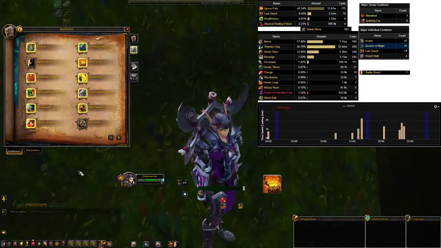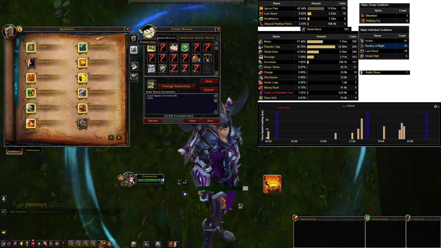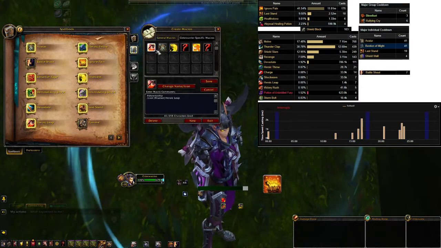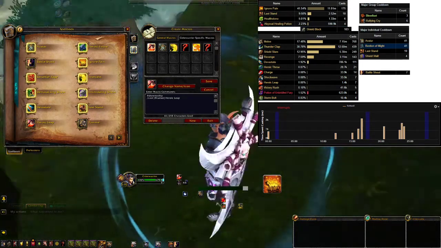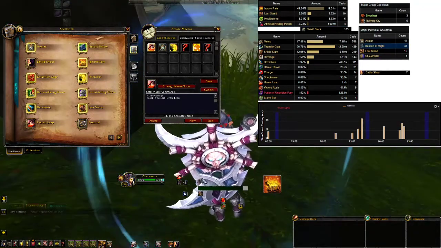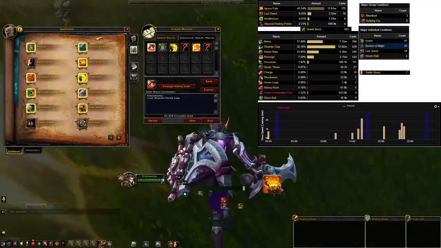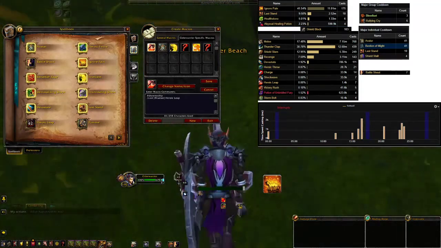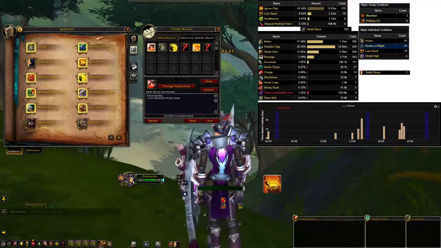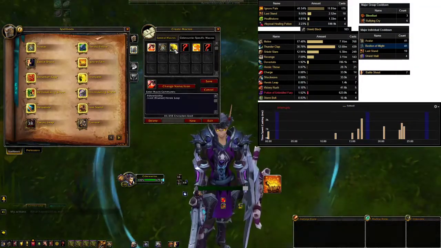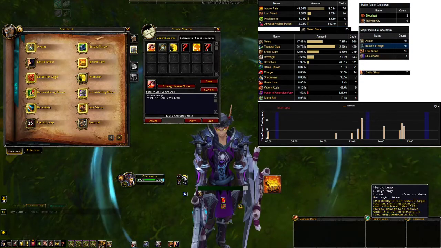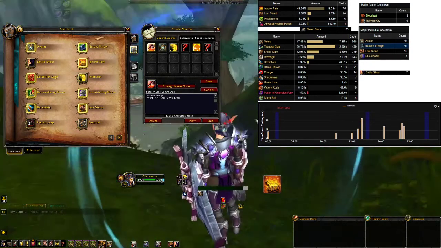Now, beyond that, there are other things that are consistent. For example, your primary movement. What is the primary way that you move in situations? So again, for warriors, we actually have two. We have Intercept and Heroic Leap.